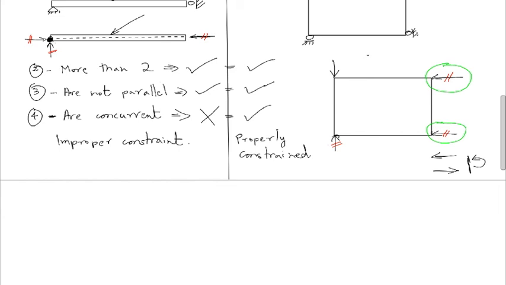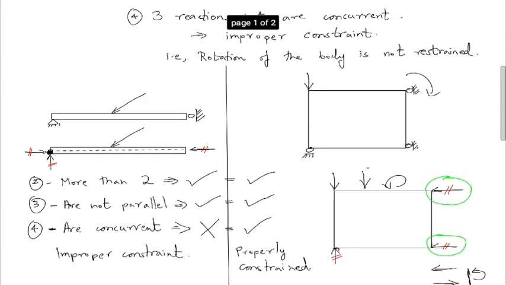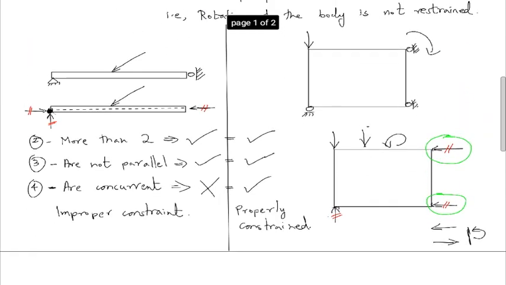If I remember right, in class, I did not explain that whatever force you apply on the system on the right, let it be a force here or a moment here, this system would be able to restrict any movement. And I don't think I mentioned that point, and that point is important. So yeah, I think that's all I have to say about that. So thank you.